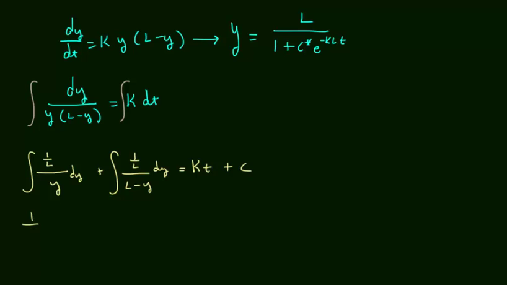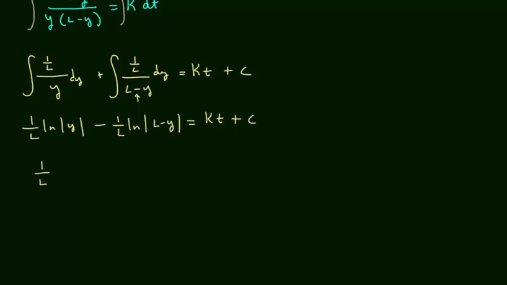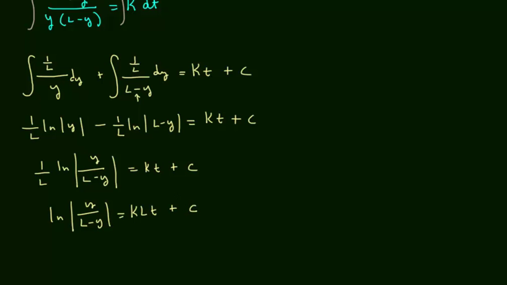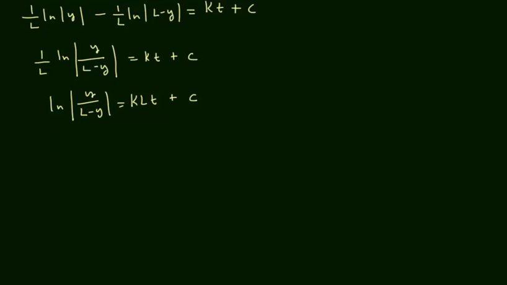This integration is 1 over L, natural log absolute value of y, minus, see the negative here, minus 1 over L, natural log of L minus y equals big K t plus C. Going to use a property of logs, so 1 over L times the natural log of absolute value y over (L minus y) equals big K t plus C. And then I'm going to multiply both sides by L. So natural log absolute value equals big K L t plus C. I'm going to exponentiate both sides and get rid of the absolute value in the same step.